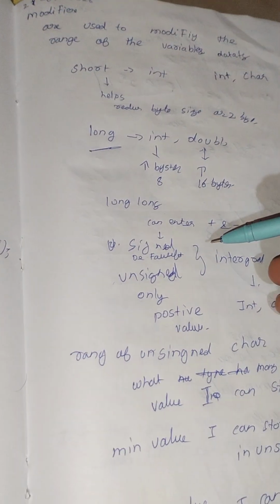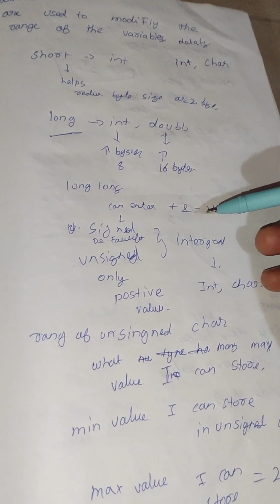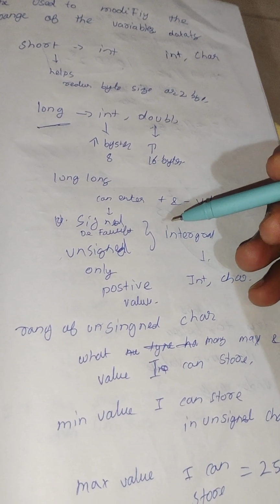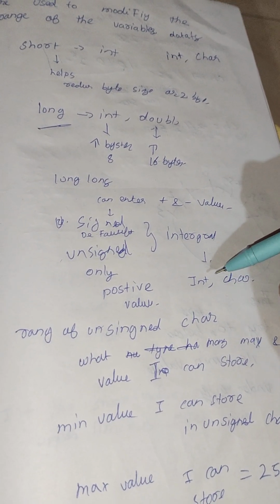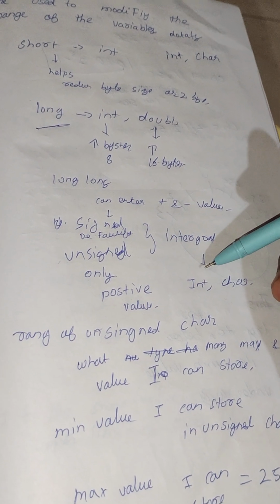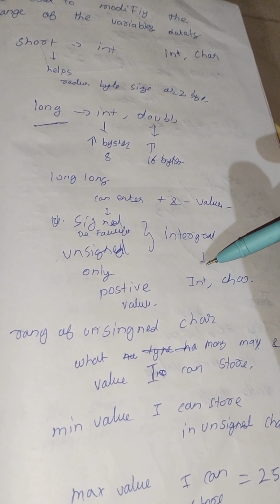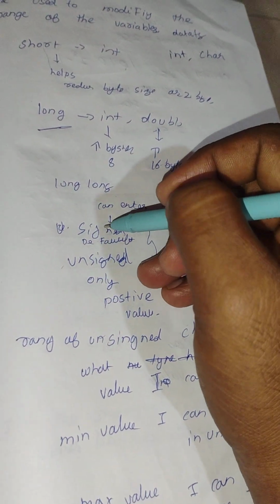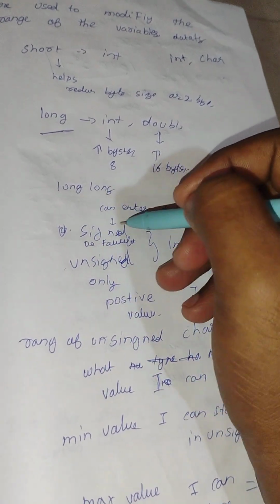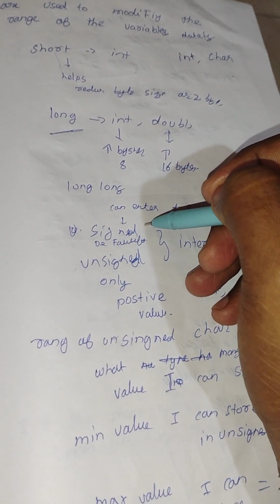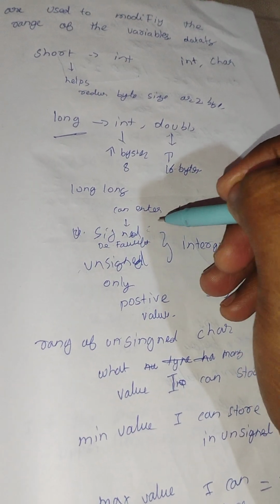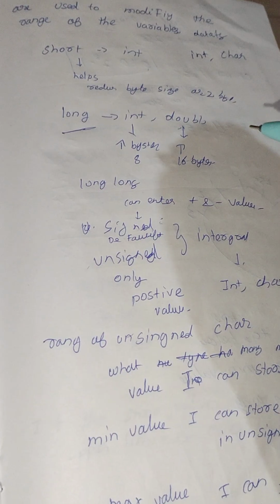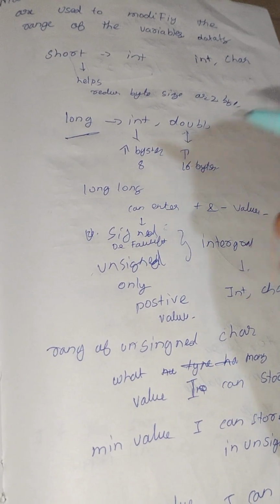Next, there are signed and unsigned values, and the signed and unsigned values can only be used for integral data types, which are integer and character. The signed keyword is used to allow positive or negative signs.